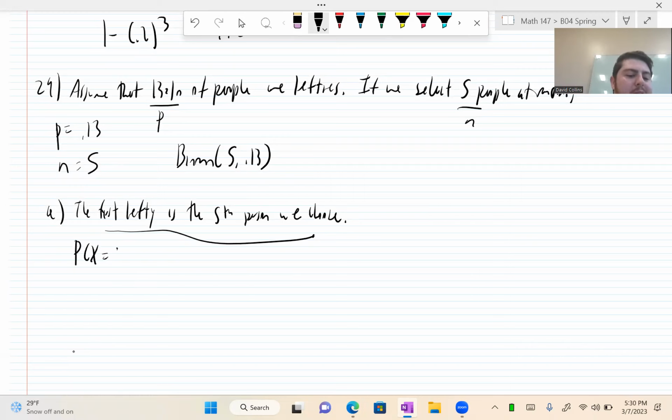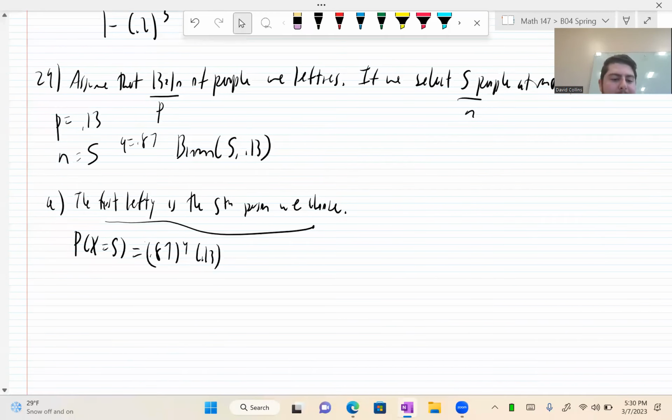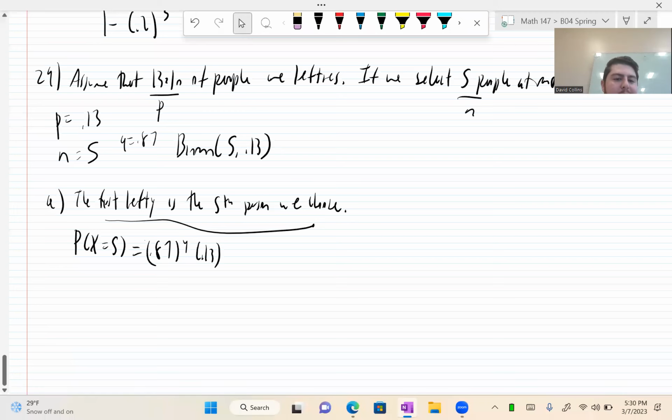The probability that x equals 5 is 0.87 to the 4 times 0.13. It's always good to just write out q too. Knowing the difference between what a geometric and binomial random variable means is very important.